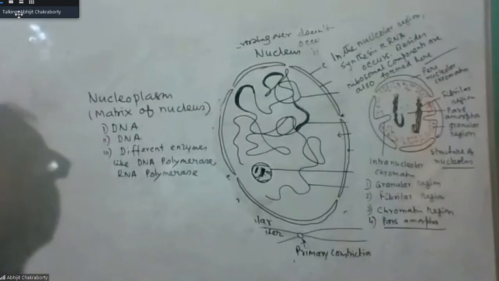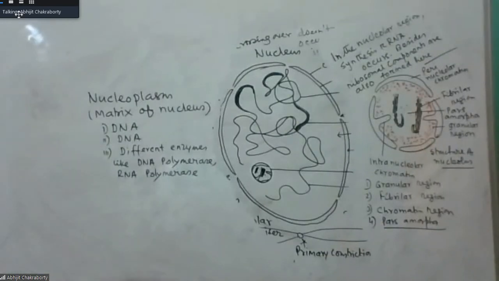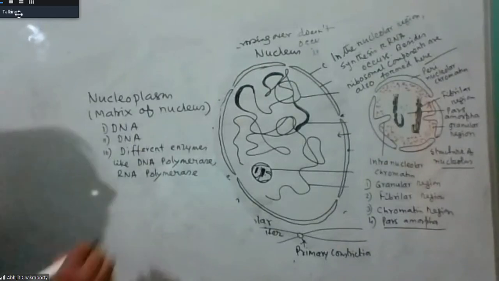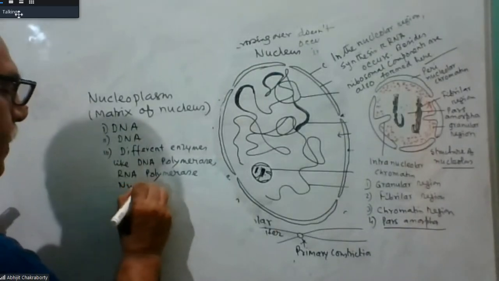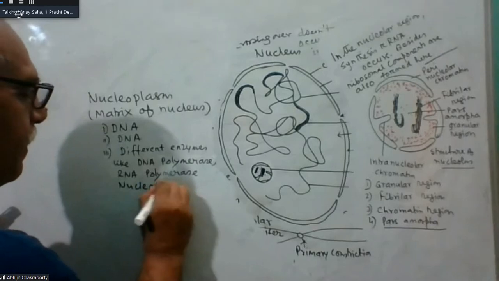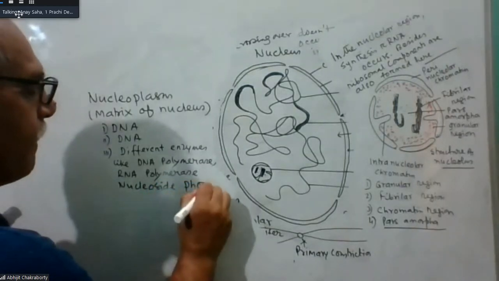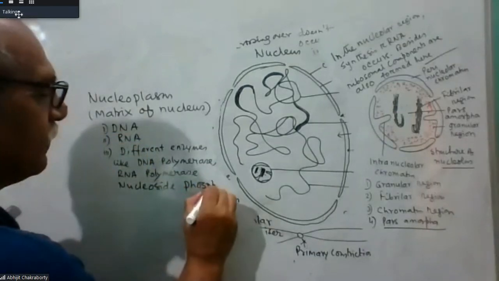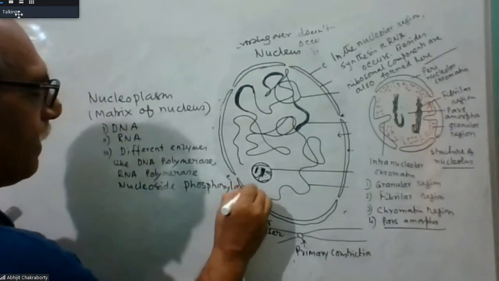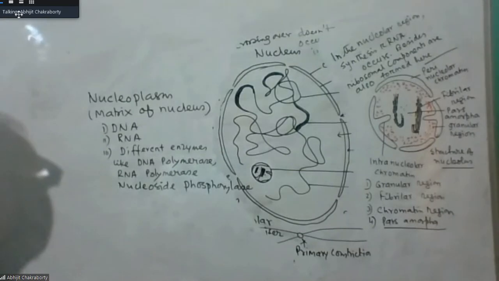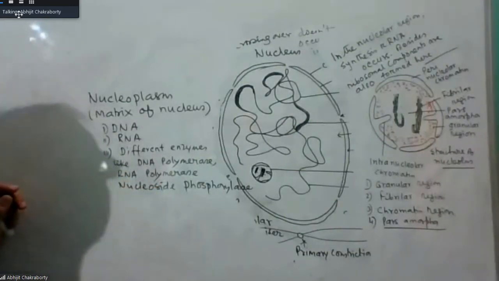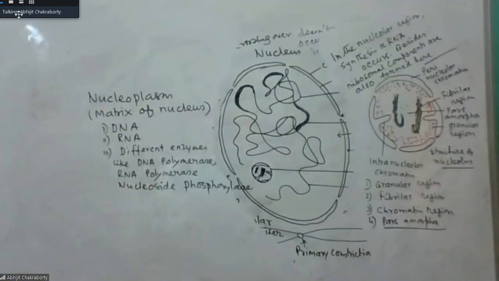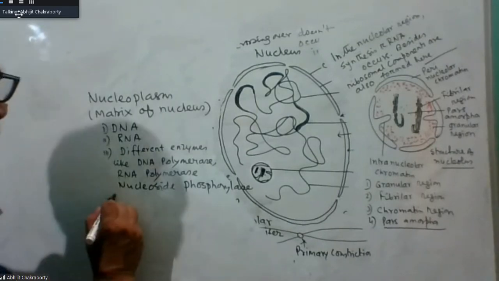Enzymes like DNA polymerase, RNA polymerase, nucleoside phosphorylase are present here, and besides you will get the nucleoproteins.